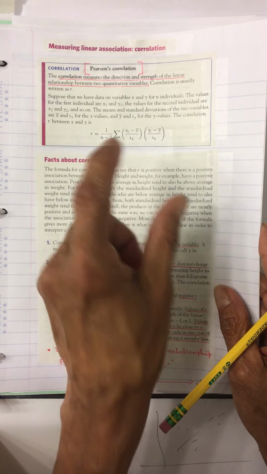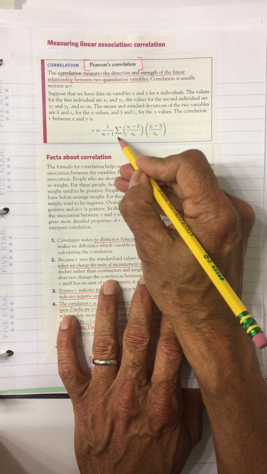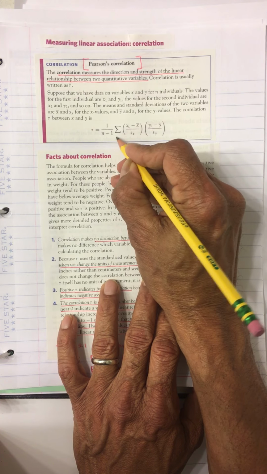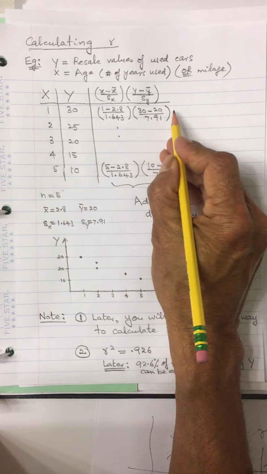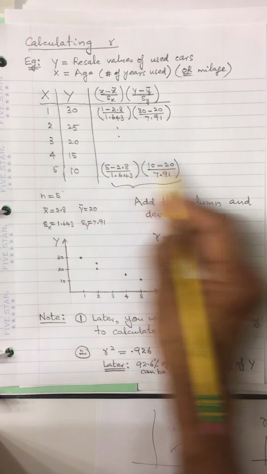For each data point, you need to calculate that and add them up. The summation goes over i. For the first data point it is that, for the second data point do the same thing, then the third, the fourth.